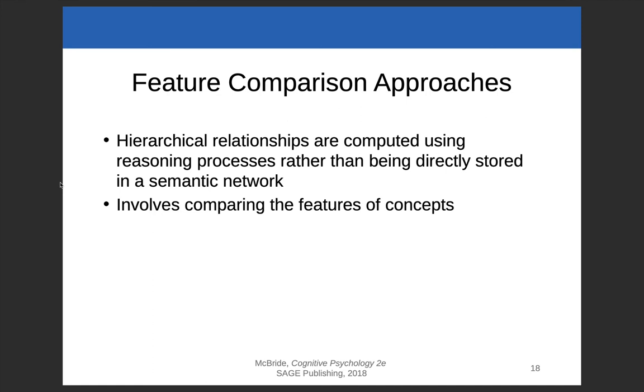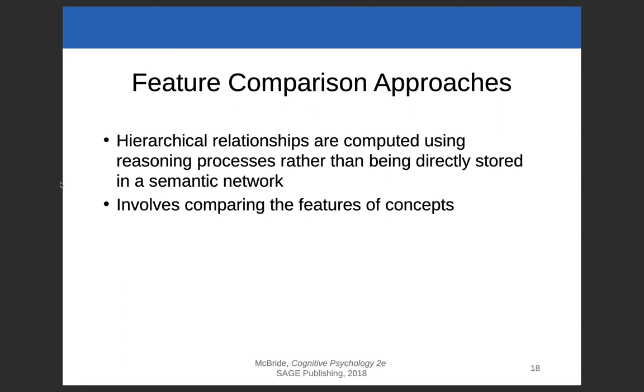We take the features that we're observing in a new thing that we see, and we compute through some algorithm, matching it with features of things that we know, and then we come up with a category for this particular object. So these types of relationships are computed through feature comparison.